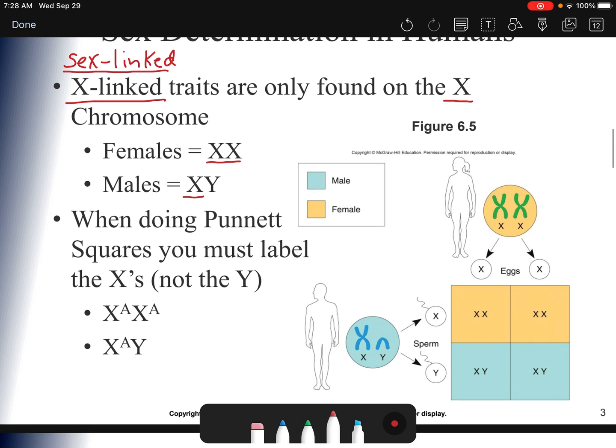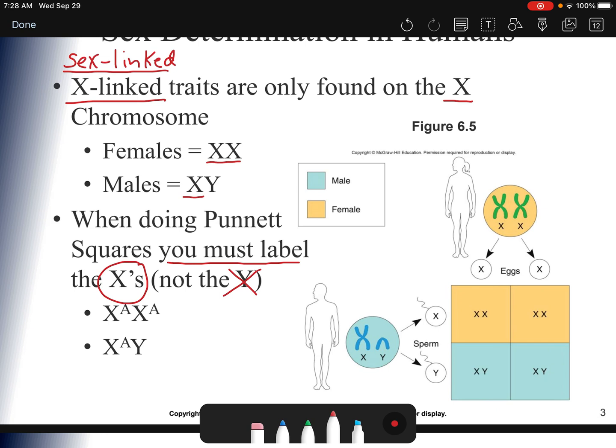And so one thing about when you're setting up a Punnett square for a sex-linked trait is you must label the X's, not the Y, okay? So this is what it would look like if I said a woman who is homozygous dominant for a trait had a child with a man who had the dominant allele as well.